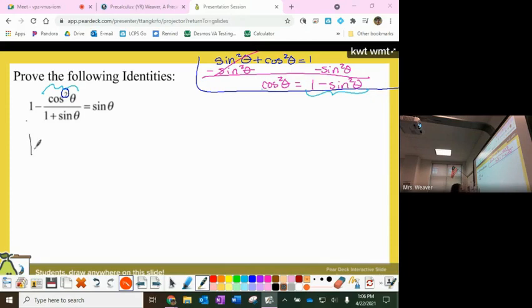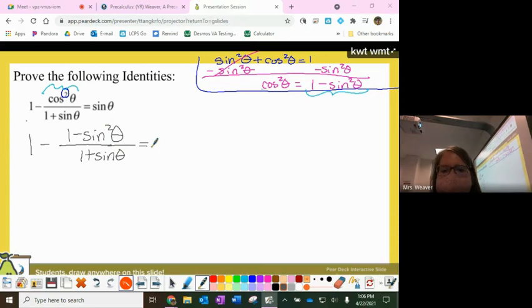In that next step, I've got 1 minus, and where I had cosine squared theta, I'm plugging in 1 minus sine squared theta. My denominator is still 1 plus sine theta, and I'm going to leave that right there. So the only change I made in that first step was just substituting in 1 minus sine squared theta for cosine squared theta. Questions on that?